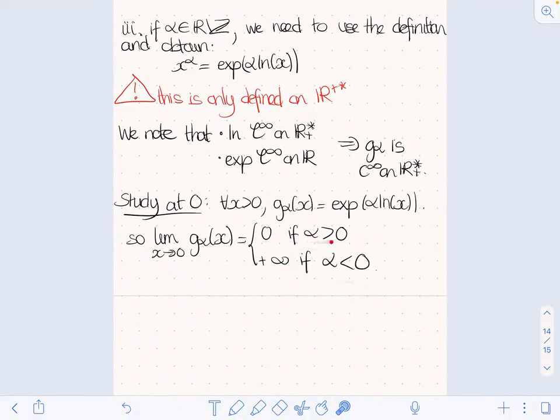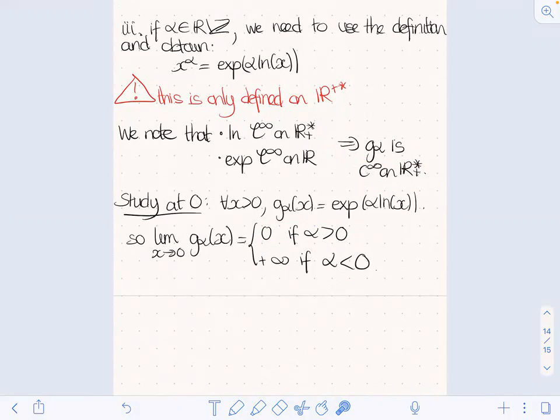But in the case where alpha is positive, which corresponds, for example, to the square root function, and you know that the square root function is defined at 0, despite the fact that all of this reasoning so far only gives us defined on R plus star, so not at 0. And so we're going to work towards showing that it is defined at 0.